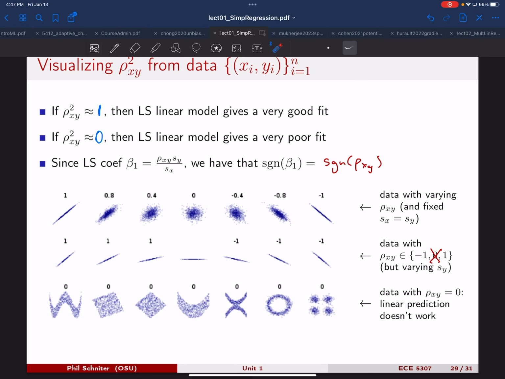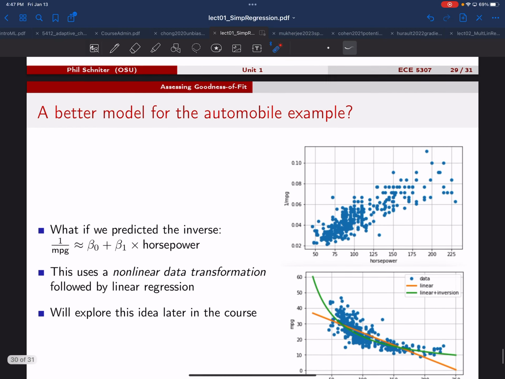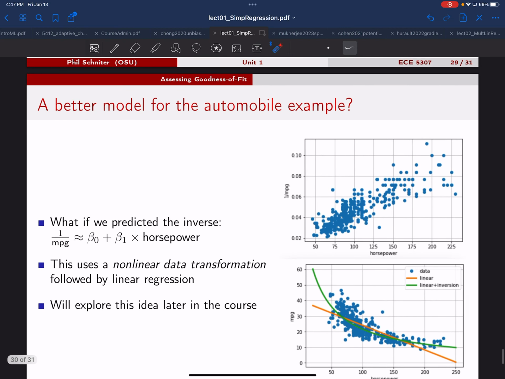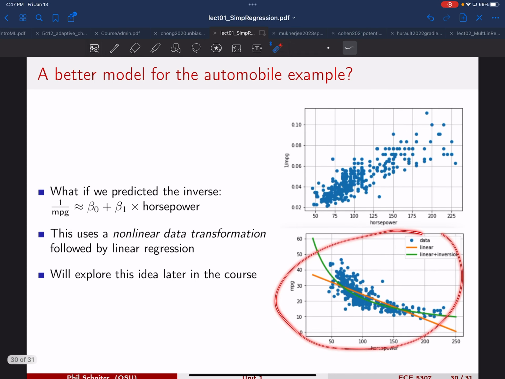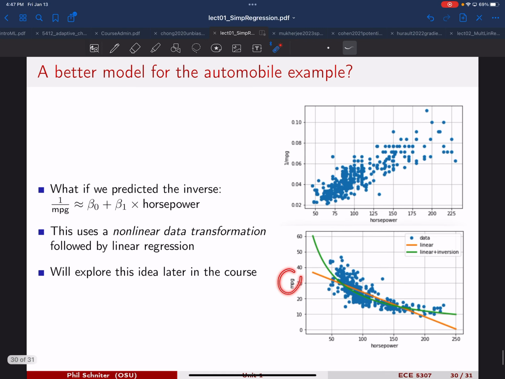Okay. All right, so now, even though linear regression seems to be really primitive and overly simplified, it actually can be a lot more powerful if you allow pre-processing of the data. So here's an example. We've been working with this horsepower data to predict miles per gallon, and we acknowledged that this data set does not look like it fits well with a linear model.